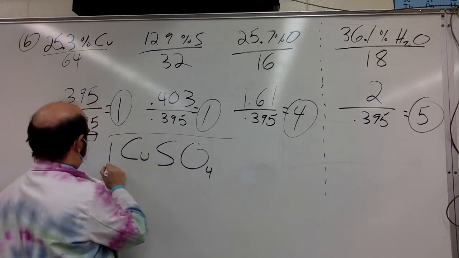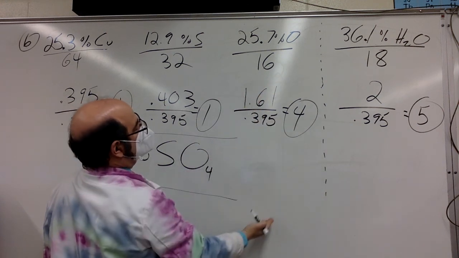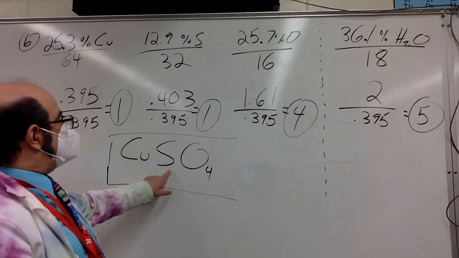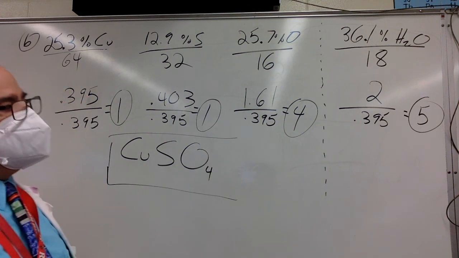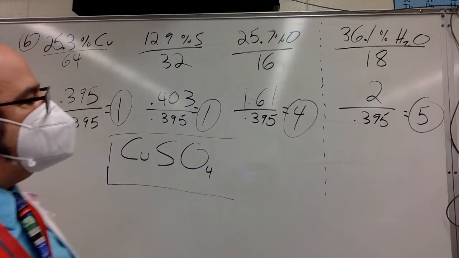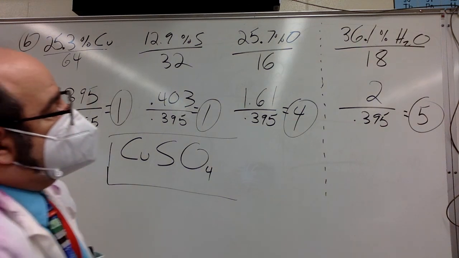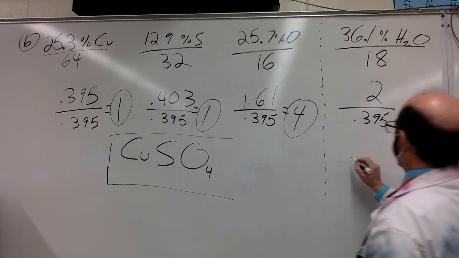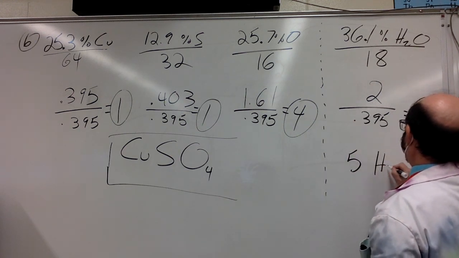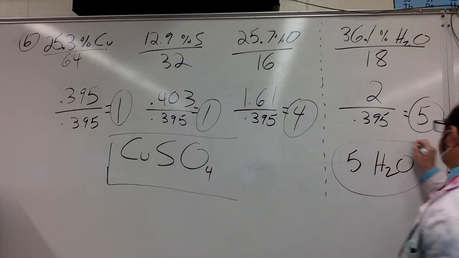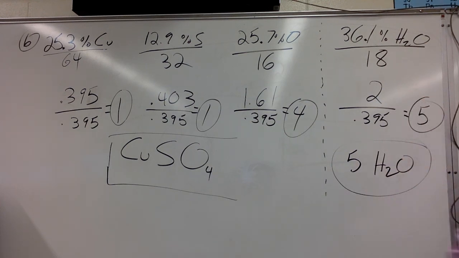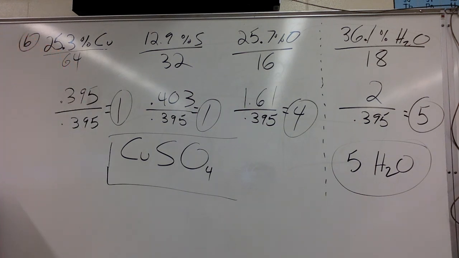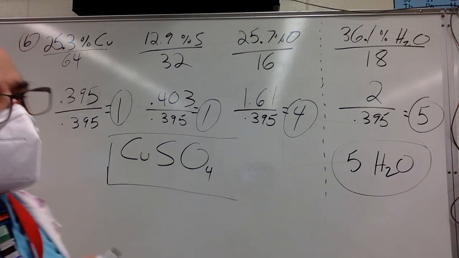So this part of the formula is copper sulfate, CuSO4. But Mr. G, what about the waters way over there? Yes, there are 5 waters. 5 H2Os. But Mr. G, what do I do with those 5 H2Os? Well, this is something called a hydrate.